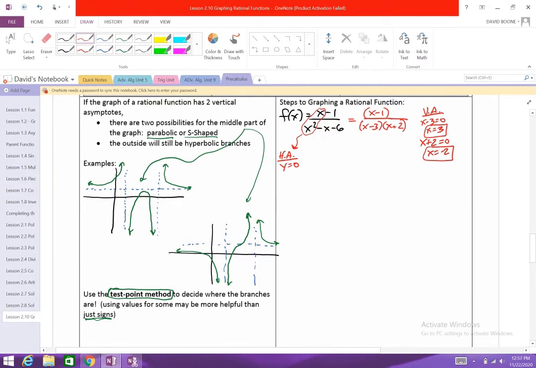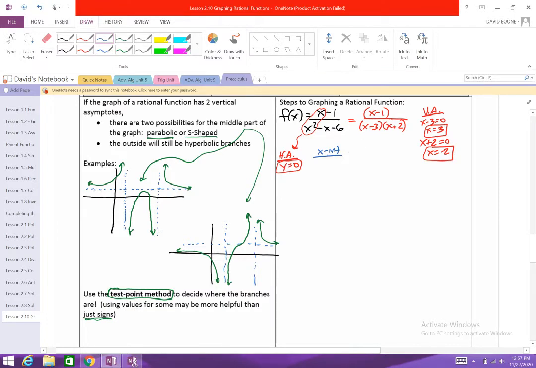Okay? So other things I want to do in helping me find and be able to graph this is to be able to find those x-intercepts and the y-intercepts. So now remember, to find those x-intercepts, we're just going to put 0 in for y.